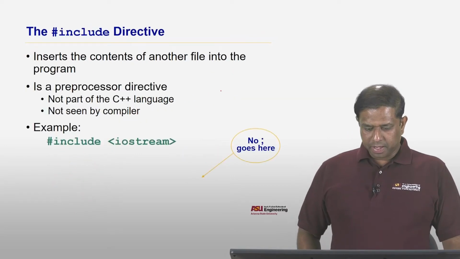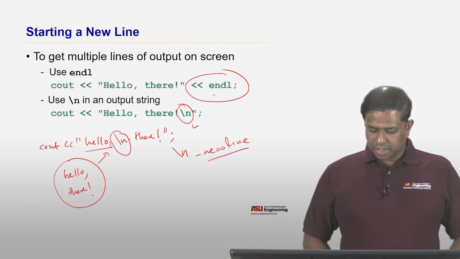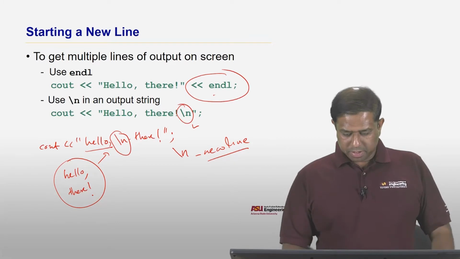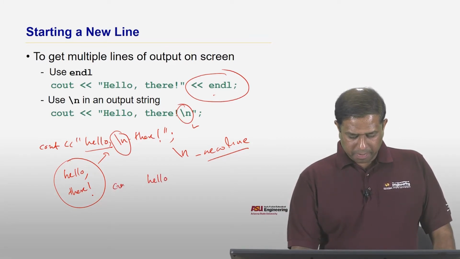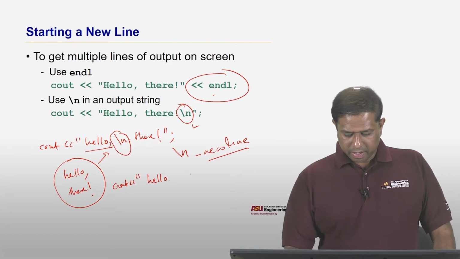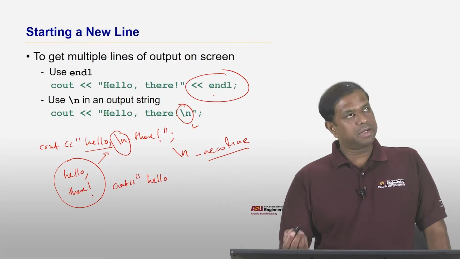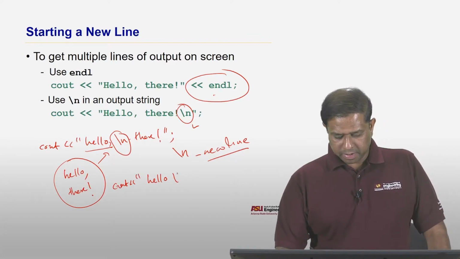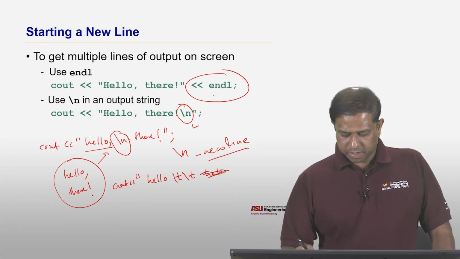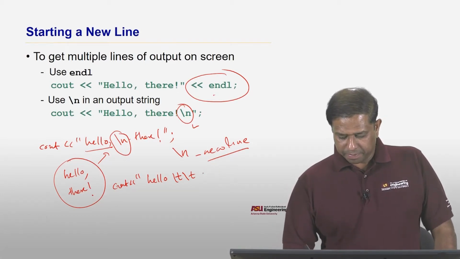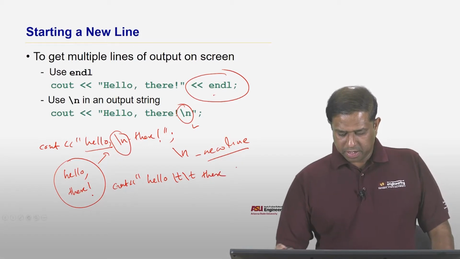Okay, and actually another construct in here, suppose I need to have some spaces in between, so cout, and then let's say I want to have several tab spaces, so I can put \t and then there, hello there.